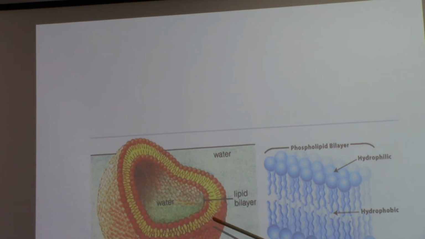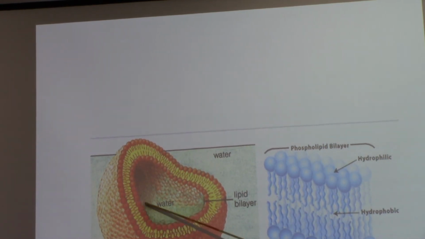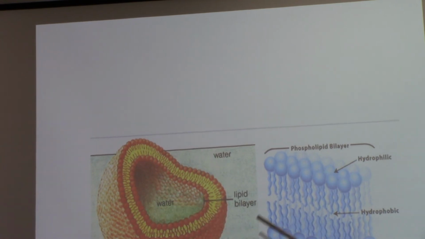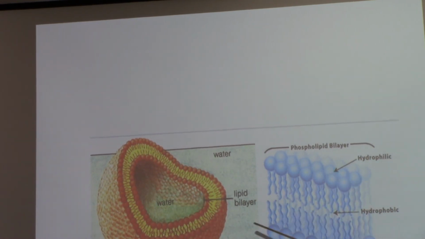It essentially forms a sphere that has an inside, maybe this side here is the inside, and this side is the outside. So the inside interacts with the water inside of the cell, and these out here interact with the outside water.